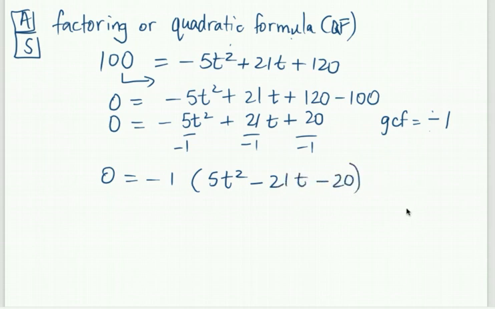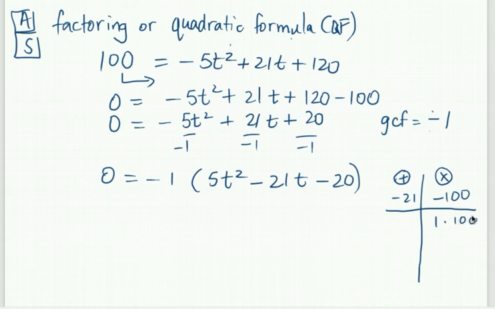Okay, all right, so then let's build our product sum table here, or you can do guess and check. Okay, so I'm looking at a complex trinomial, so I have to add to -21, but I have to multiply to -100. Okay, so again, if you can't think of the values in your head, just go one by one.